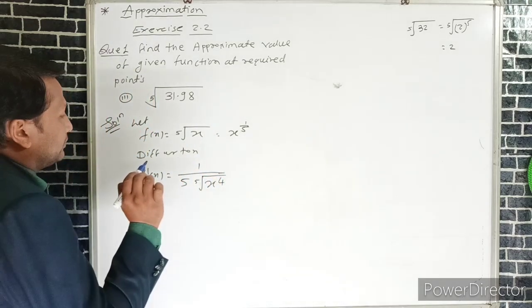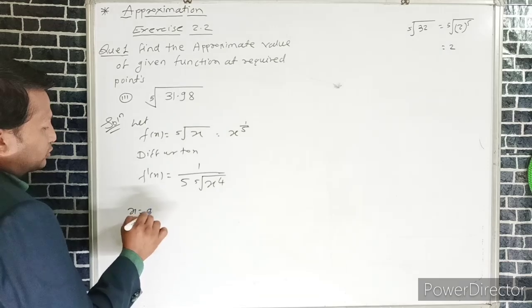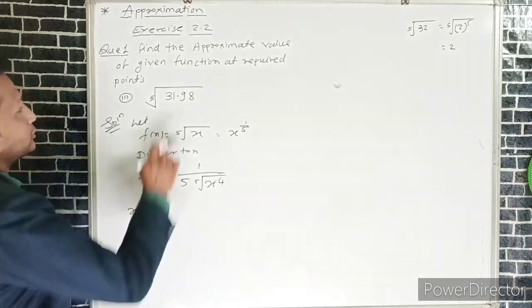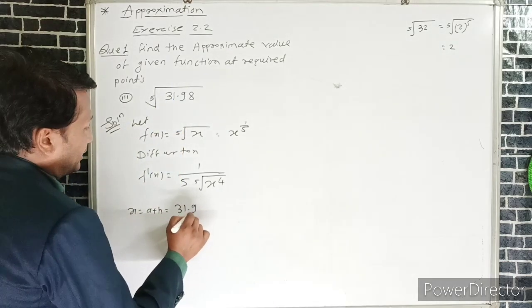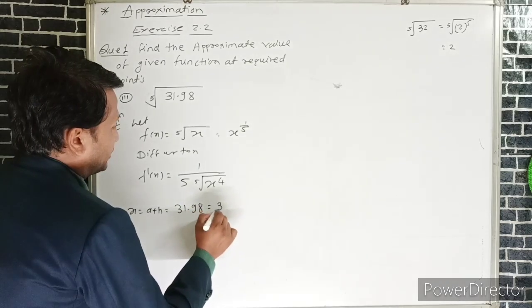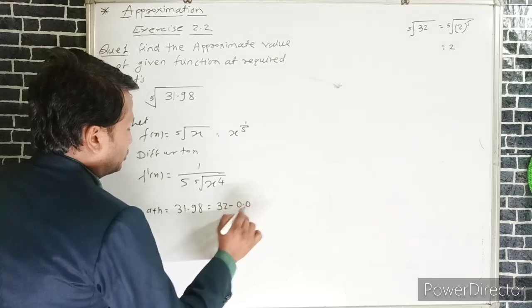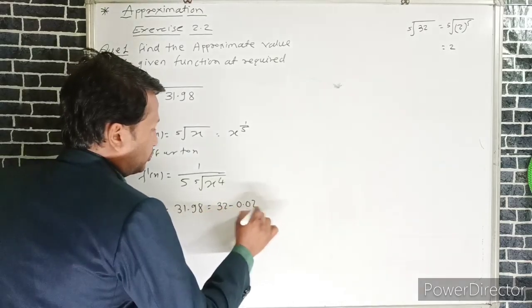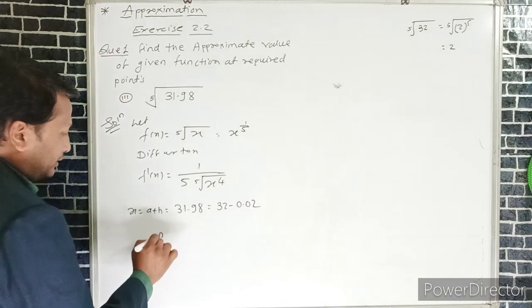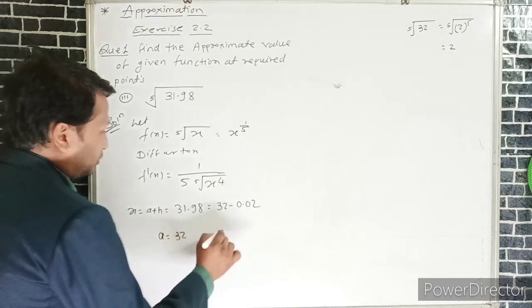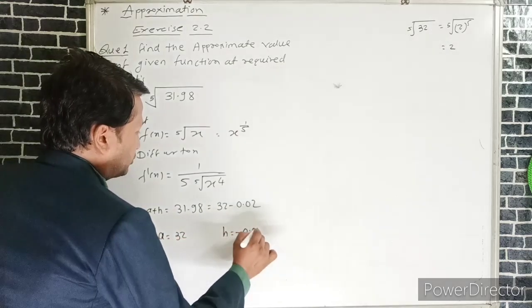So here x is equal to a plus h, and the value of x, which is 31.98, we can write as 32 minus 0.02. So here a is equal to 32 and h is equal to minus 0.02.